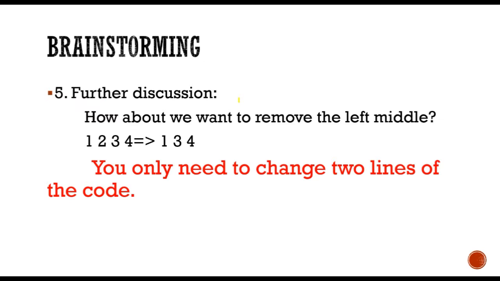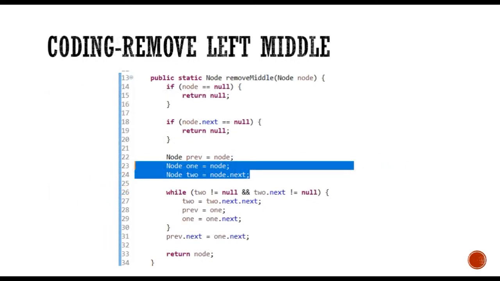Okay, let's think about how about we just remove the left middle. For this case, 1, 2, 3, 4, we remove the 2, which is the left middle. We get 1, 3, 4. So we only need to change two lines of code. Let's take a look. This is the whole implementation of our remove middle function for the right middle.